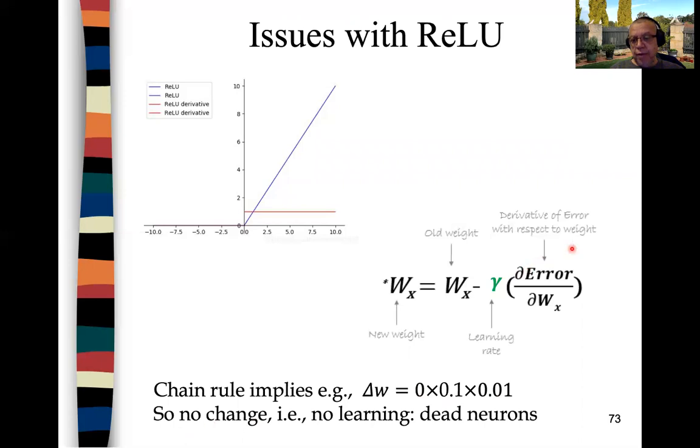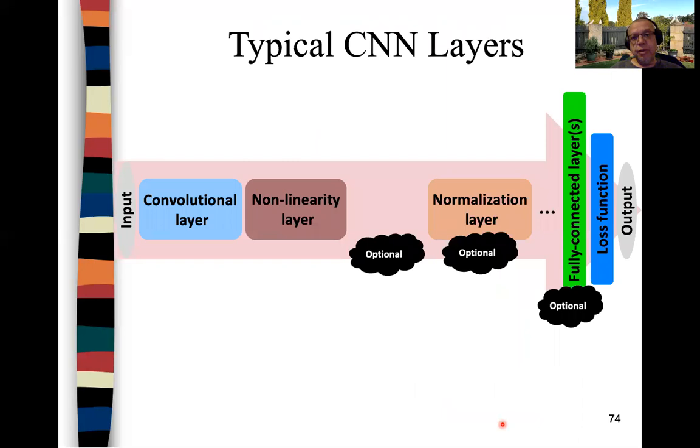And we're going to have no change. This term here would be 0, and we will not be able to adapt our weights or change them. So the new weight is going to be equal to the old weight. So we won't have any learning. We're going to end up with dead neurons when we do the backpropagation.